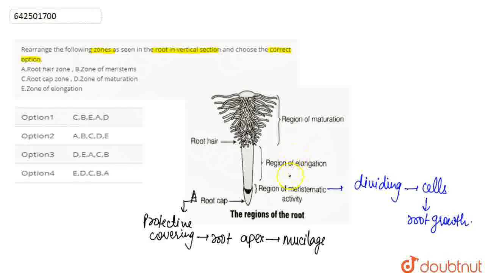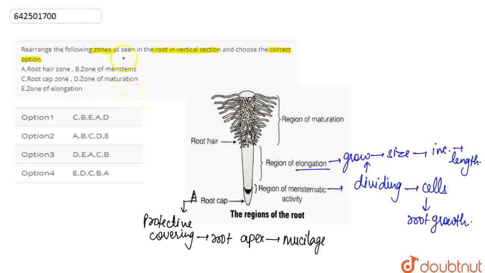Then we have the next region, the zone of elongation, where the divided cells grow in size and elongate so as to increase the length of the root, and they cannot divide further.